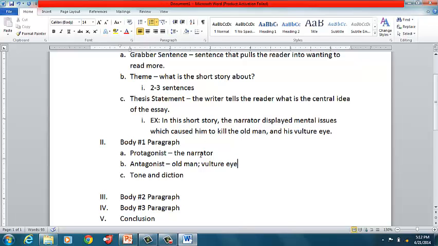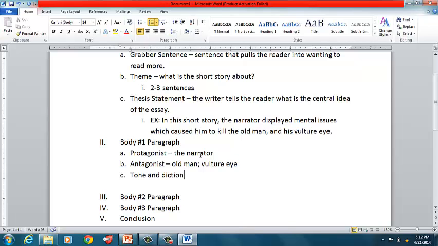I actually had a student comment that they thought perhaps that the old man had glaucoma or cataracts, so it may have been a medical condition. So as you'll go through, we as a reader can see that the narrator is not of sound mind, and so he really thinks it's this evil that's lurking at him through an eye.